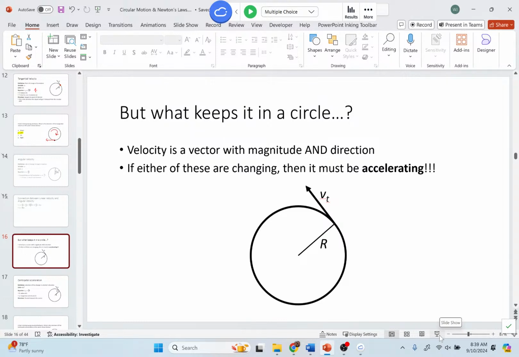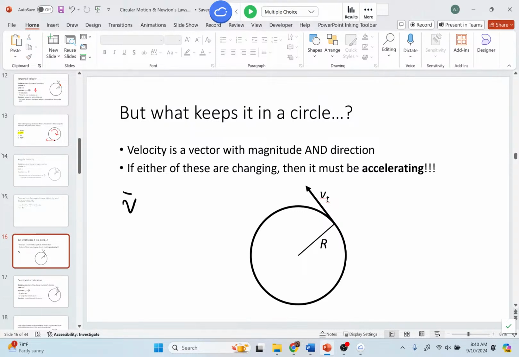Acceleration can make your velocity go up or down, or it can make it change direction. If you are changing your direction, you are changing your velocity. Which, if you think about it enough, eventually that'll make sense. But an easy example of that.